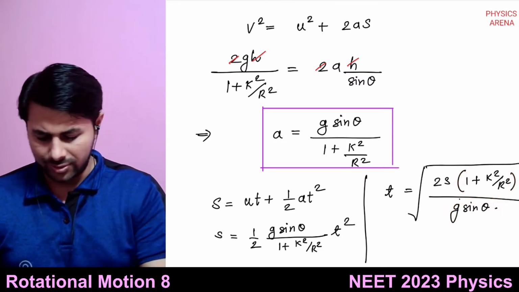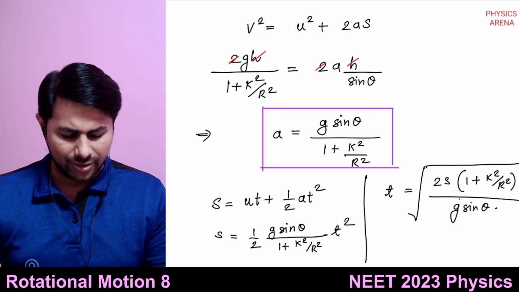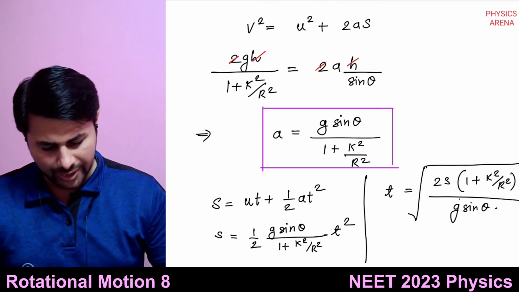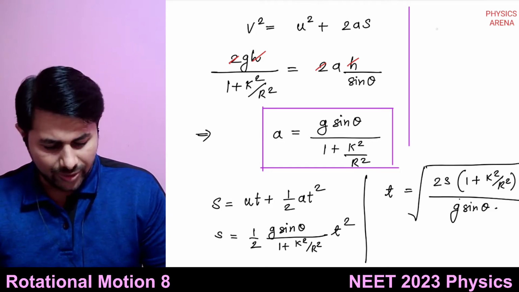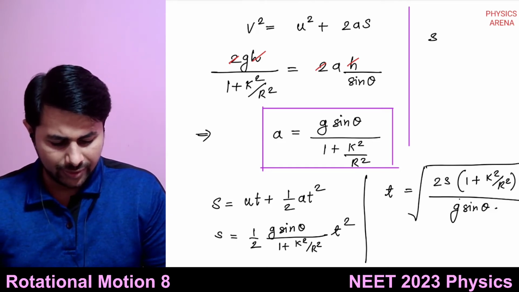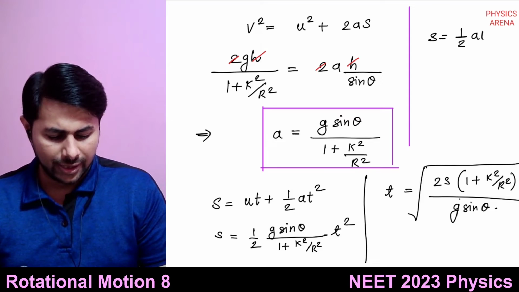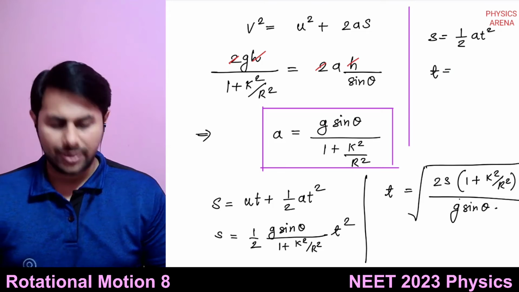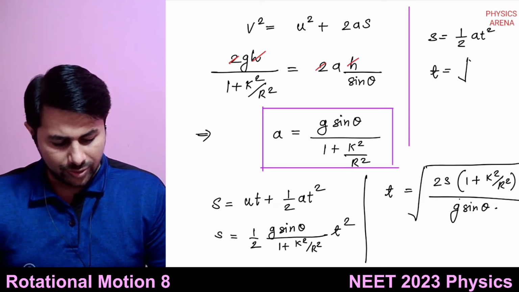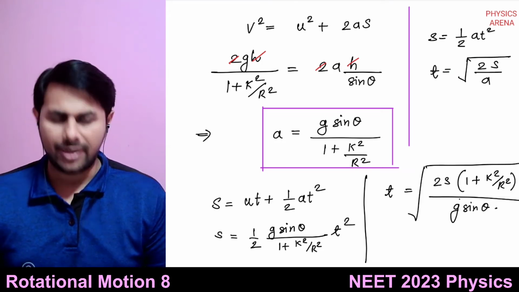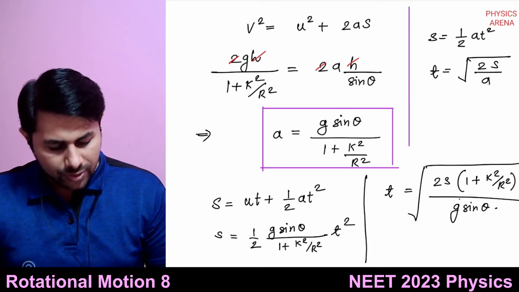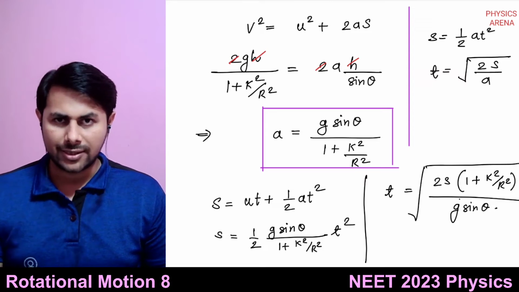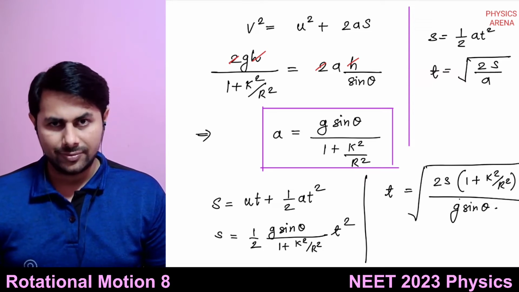Is it clear, or is there a question in this? There is a simple way to remember this. We have s is equal to half of a multiplied by t square, so t is equal to square root of 2 times s divided by a. In the case of linear motion, you have linear acceleration, which is g sine theta.